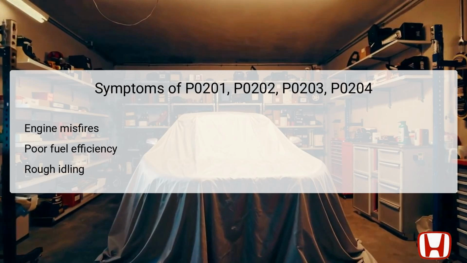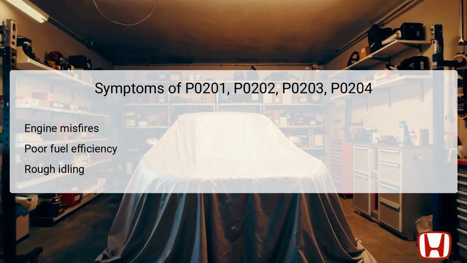The symptoms associated with DTCs P0201 through P0204 can vary, but common issues include engine misfires, reduced fuel efficiency, and rough idling. When an injector fails to operate correctly, it can cause an imbalance in the fuel mixture, leading to misfires as the engine struggles to maintain optimal combustion conditions.